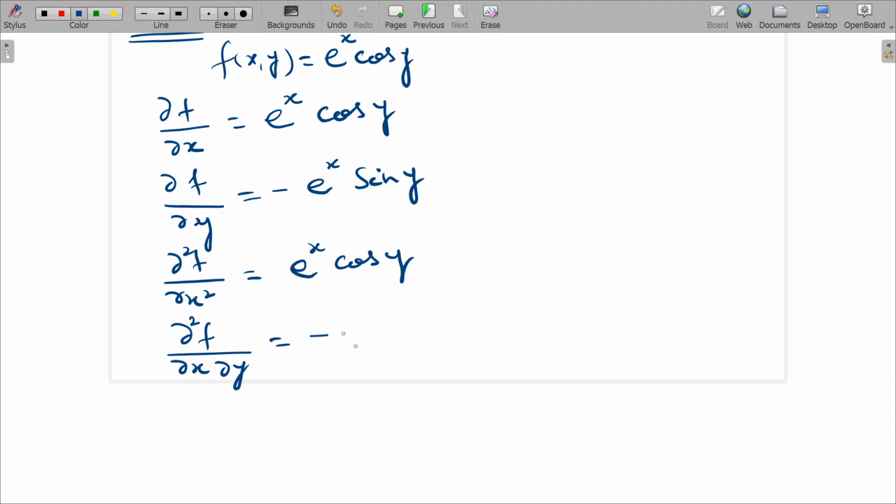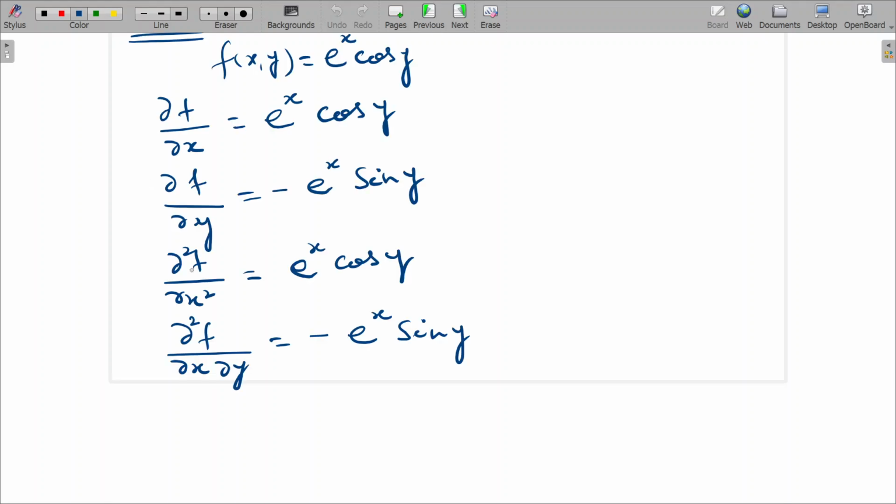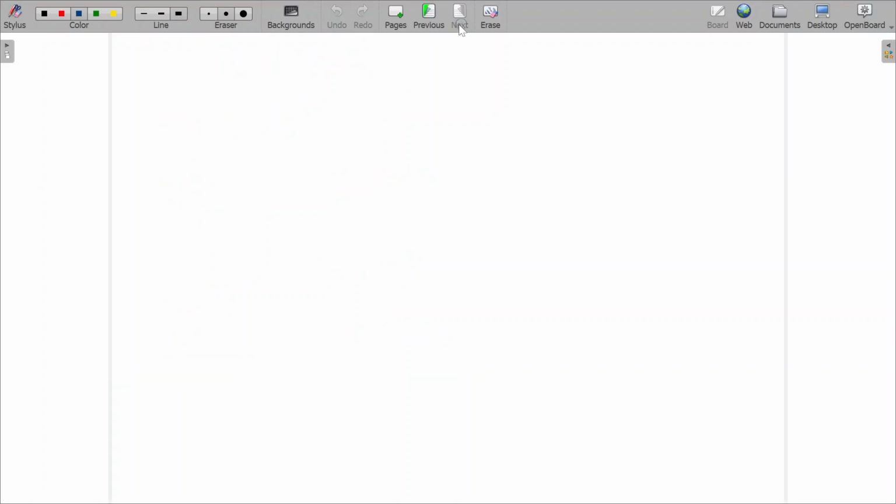So from here we will obtain minus e to the power x sin y. We have obtained the second order derivative with respect to x and the mixed derivative. Next we have to find del 2 f over del y square. So we have to differentiate del f over del y with respect to y again. So this will be minus e to the power x cos y.